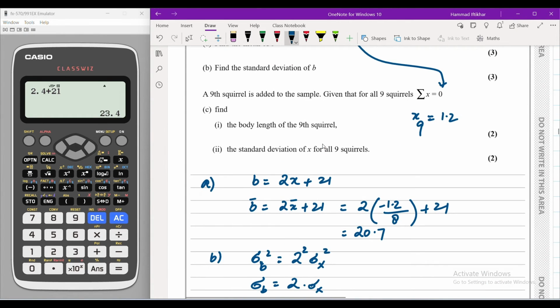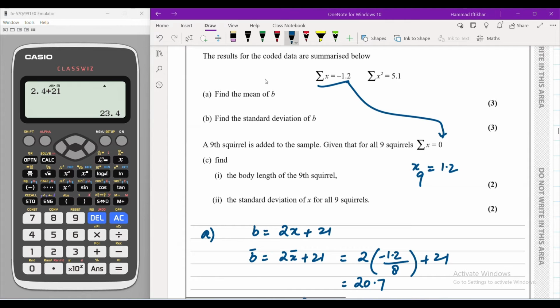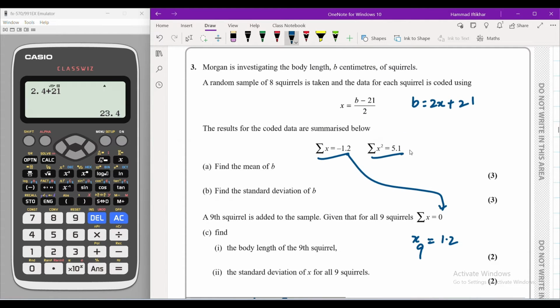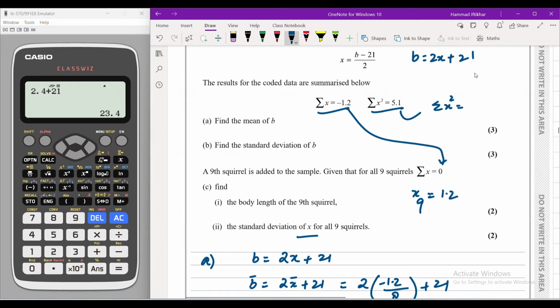Okay, all right. Standard deviation of x for all 9 squirrels. Okay, so when we add the 9th squirrel, the total sigma x squared will jump to, oh, actually, we don't need that. Okay, no, we do need sigma x squared, okay. So the total for the 9 will jump to 5.1 plus 1.2 squared.